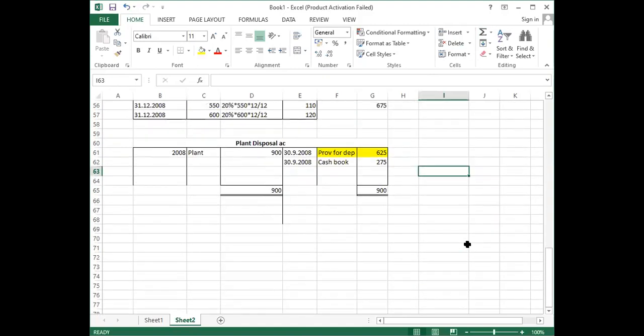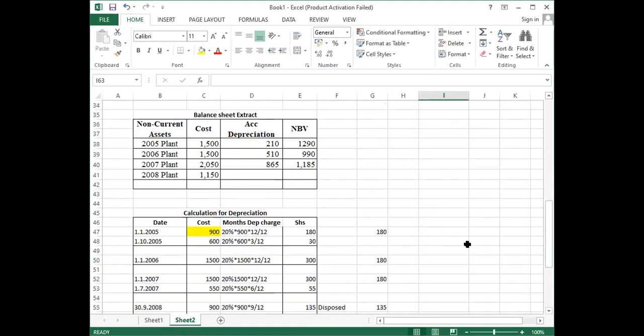So I ask again, what will be the value of depreciation there? The total depreciation will be 1230 minus what? 1230 minus 675.